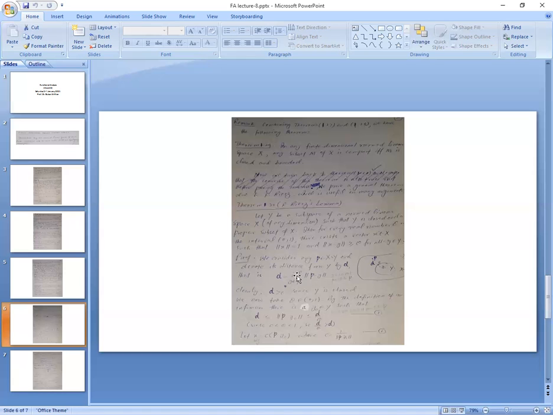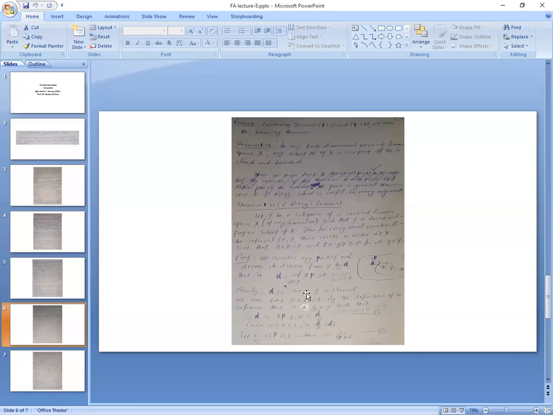Why? Because d is the infimum taken over the norm of P minus y, where y is any element in Y. P minus y naught is not the infimum distance; it's just some distance of P from y naught.